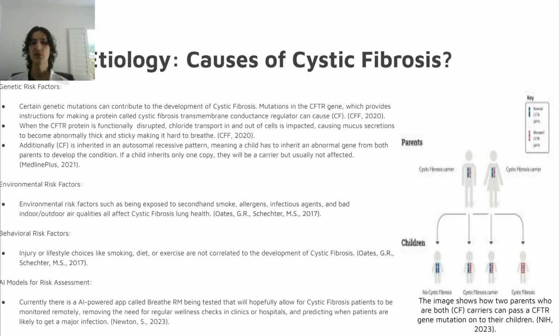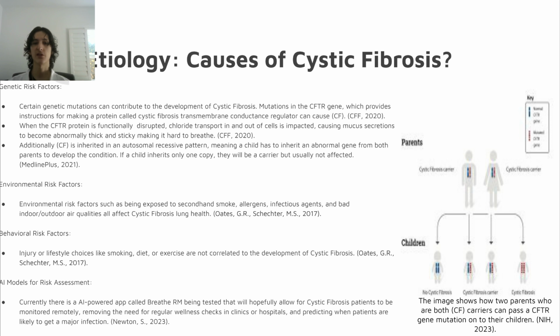Next, environmental risk factors such as being exposed to secondhand smoke, allergens, infectious agents, and bad indoor or outdoor air quality all affect cystic fibrosis lung health. Next, injury or lifestyle choices like smoking, diet, or exercise have no correlation to the development of cystic fibrosis whatsoever.